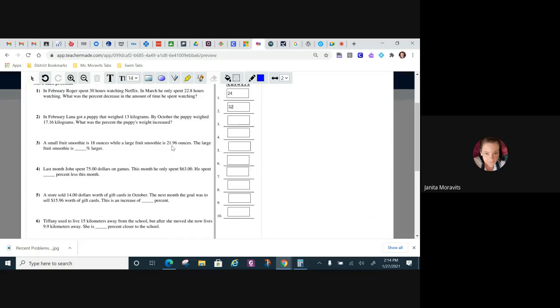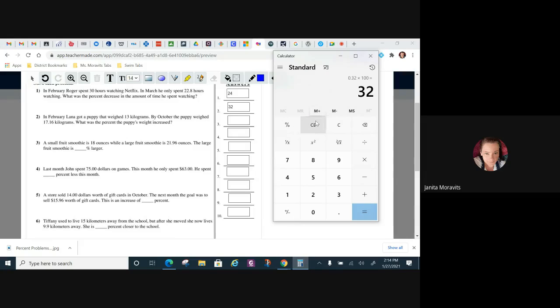And we want to know how much bigger the large is. So let's find out how much it increases from the 18 ounces. All right, so we would say 21.96 because that's a bigger number, and we're going to subtract the 18. All right, now our original amount is 18 ounces.